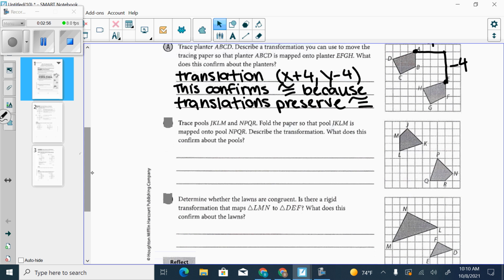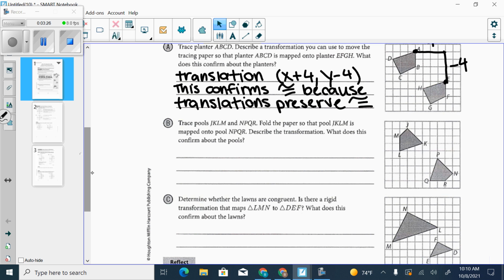All right. On part B. It says to trace the pools JKLM and NPQR, fold the paper so that pool JKLM is mapped onto pool NPQR. Okay? You don't actually have to fold your paper, but if you were to fold your paper and you wanted these two to end up right on top of each other, what kind of a line would I be folding on?